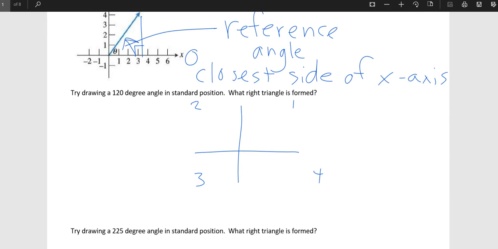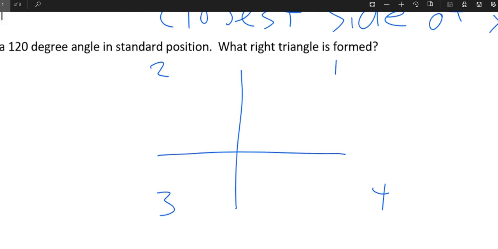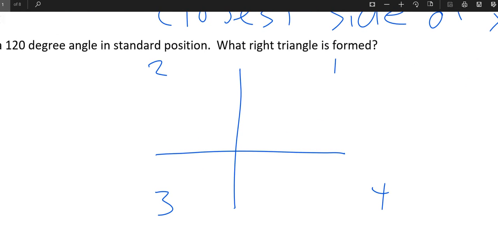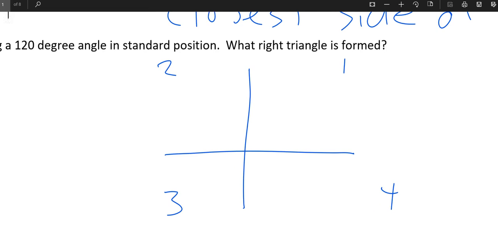Where would you find a 120 degree angle? 2, right? Because if this is 0 here and 90, it's going to be somewhere right here. 120 degree angle.